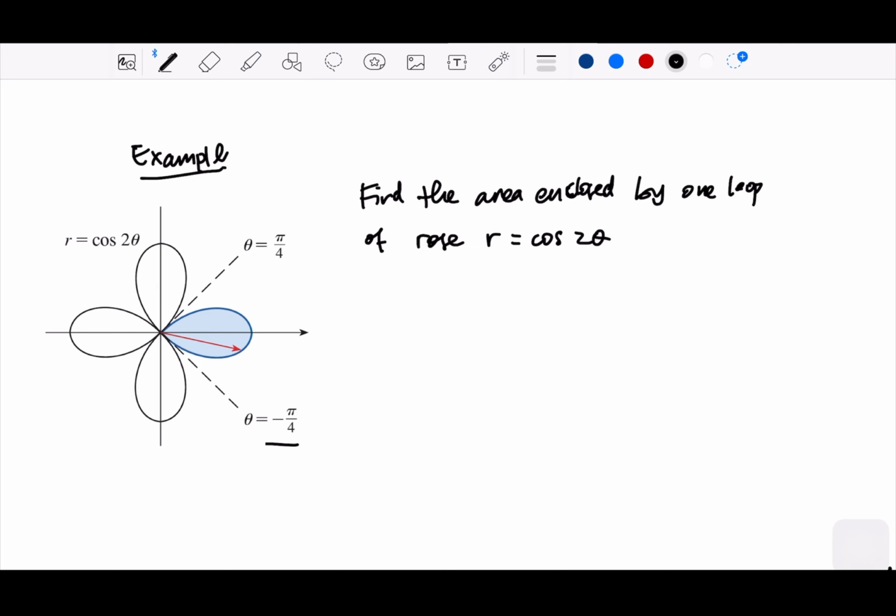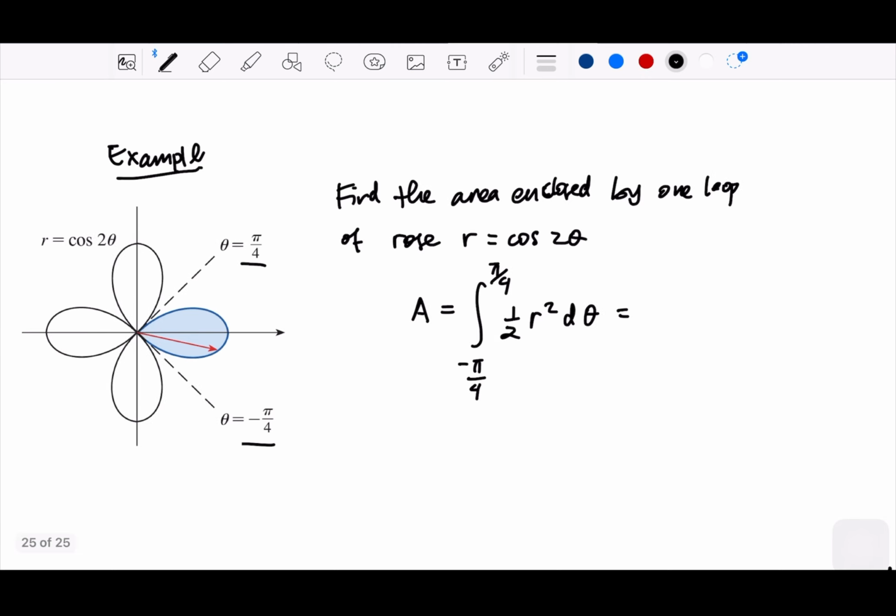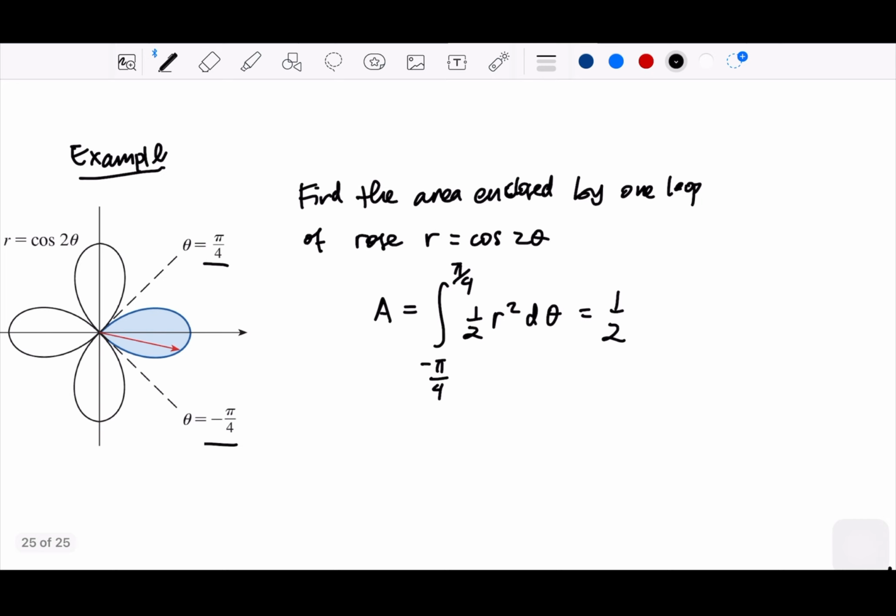So we have negative pi over 4 and pi over 4 for the one loop. So actually you can take this, we can write that first and then use the polar curve, substitute the r, and then solve the integral.